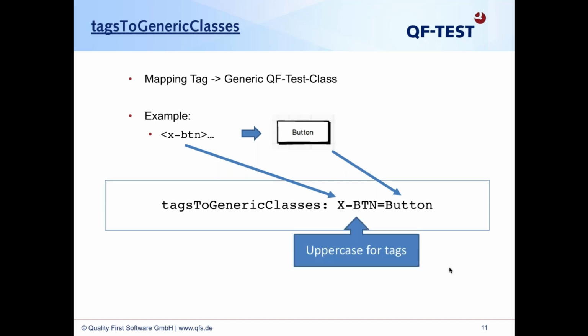Please be aware that we use uppercase here for tag names. HTML does not care, but we care with uppercase, so you can see directly that this is a tag. Otherwise it's the same as the generic classes parameter. On the left side you have the thing you find in the web page, and on the right side you write the generic class which QF-test should use.